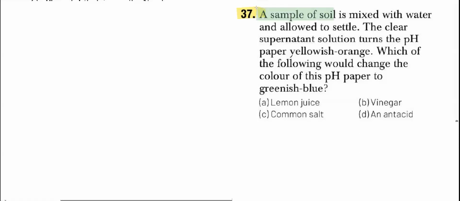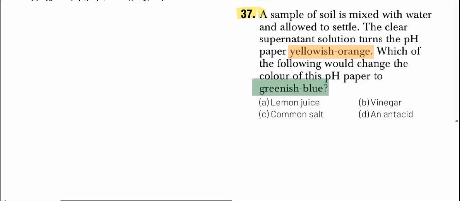In this question, it says a sample of soil is mixed with water and allowed to settle. The clear supernatant solution turns the pH paper yellowish orange. The yellowish orange color indicates that the pH is less than 7 and it is slightly acidic in nature. Which of the following would change the color of the pH paper to greenish blue?